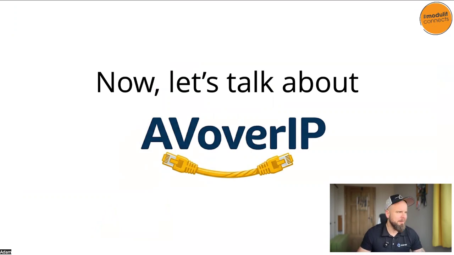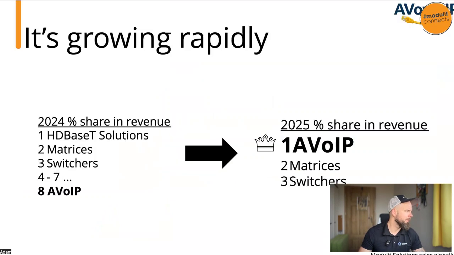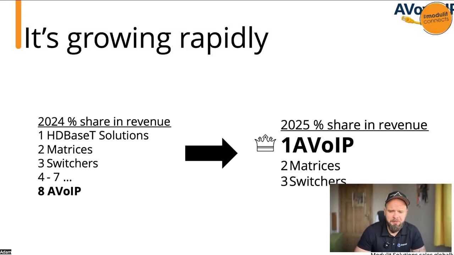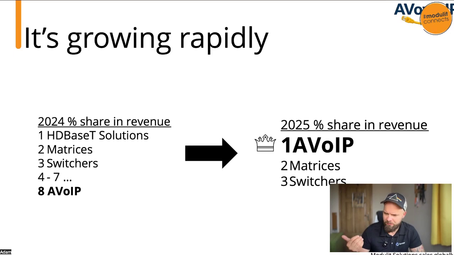Let's actually talk about AV over IP today. First and foremost, it's growing. It's still growing, guys. We have a huge increase in AV over IP sales. The numbers you see here are the revenue share for AV over IP in 2024 and 2025.